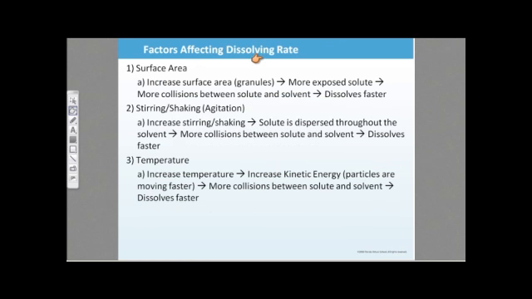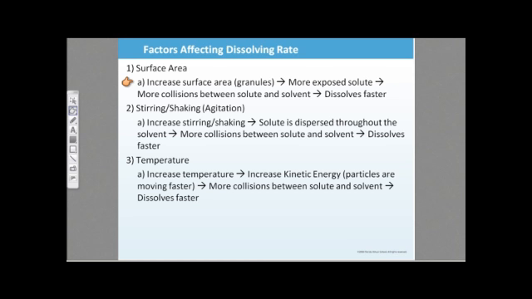All right, now dissolving rate. Dissolving rate is simply how fast the solute dissolves. And there's three things we can do to increase the rate of dissolving. First, we can increase the surface area. Basically, if you take a cube of sugar and put it in some water, it will dissolve, but it's going to take some time.